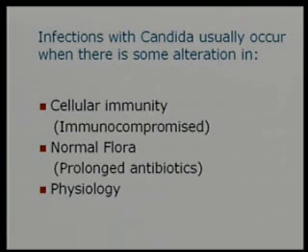If you remember yesterday, I tried to emphasize you've got to distinguish between colonization and infection. If 40 to 80% of the people have the organism and they're normal, that's colonization. So you're not going to try to treat that, and you've got to determine that this is actually causing an infection.